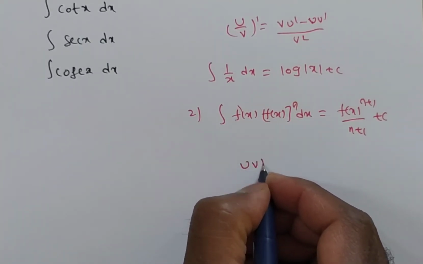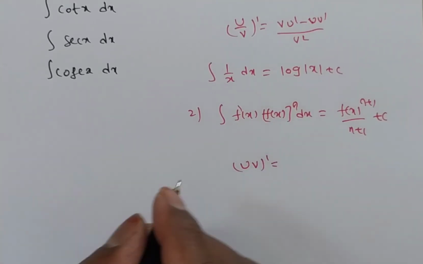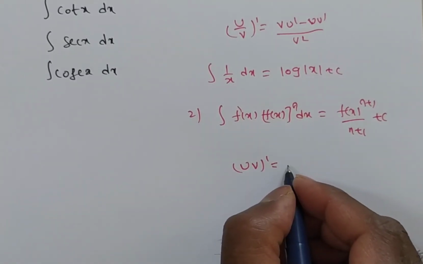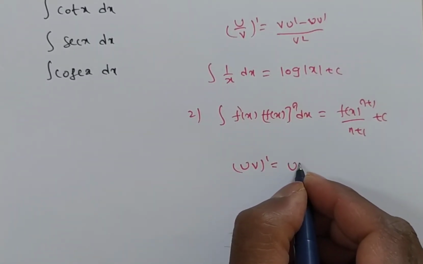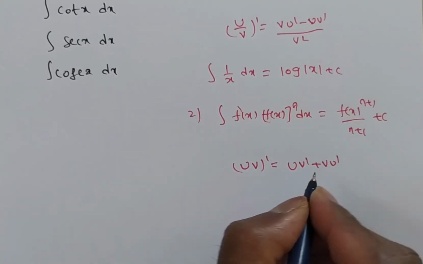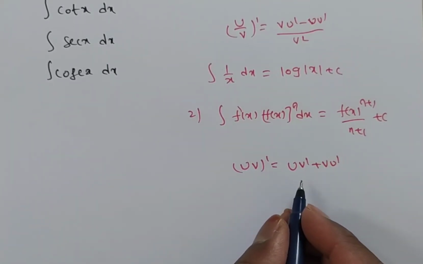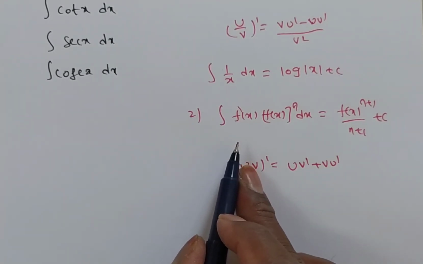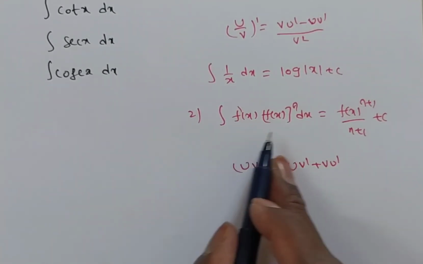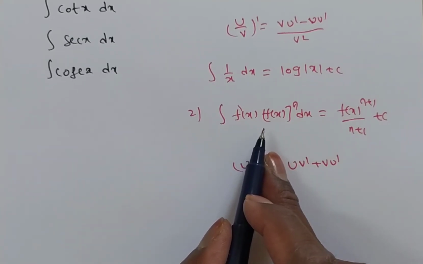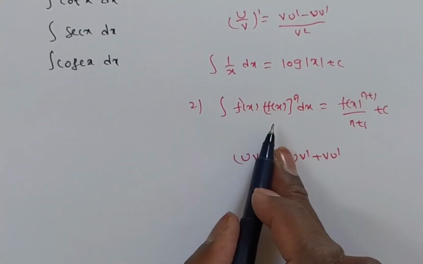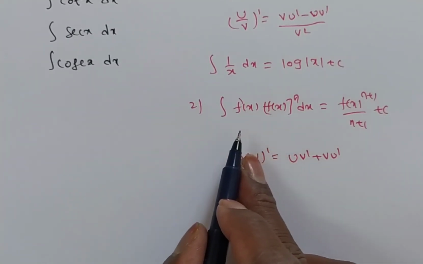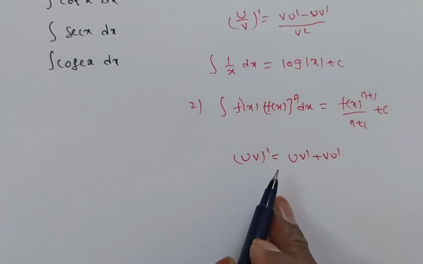Whenever a product of two functions is there, in the derivative you have uv whole dash, nothing but derivative of uv is u v dash plus v u dash. Simply you can say first term into second term derivative plus second term into first term derivative, but not in the integration. In the integration, what we have to verify: if suppose there is a product of two functions, we have to evaluate the integration where the integrand is a product of two functions. Now you verify whether one function's derivative is beside it or not. If one function's derivative is beside it, then you write down power plus 1 by power plus 1.